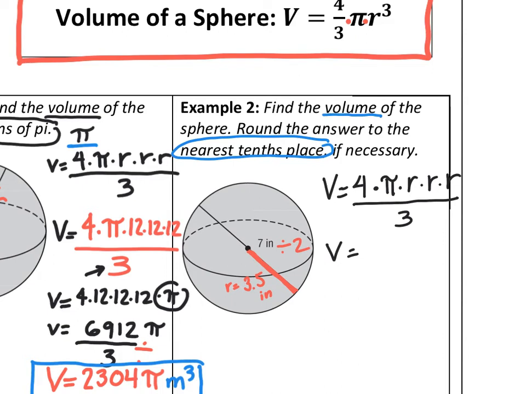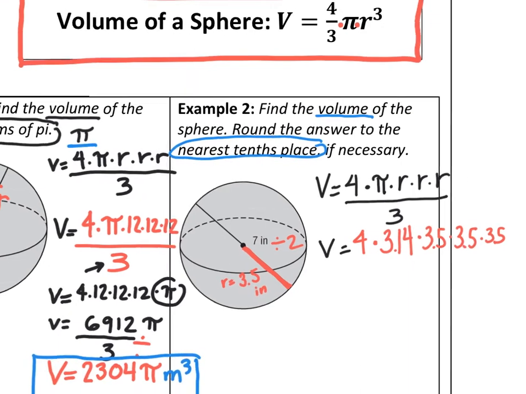Okay, so let's start plugging all of this in. The first thing I know is my 4. In this case, I know what pi is. They want us to just have a number for an answer, so we're going to put in 3.14. And I know my radius is 3.5 times 3.5 times 3.5.